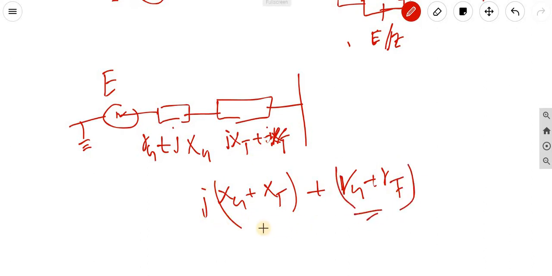In this way we can present the impedance, so this is the equivalent impedance for one section.